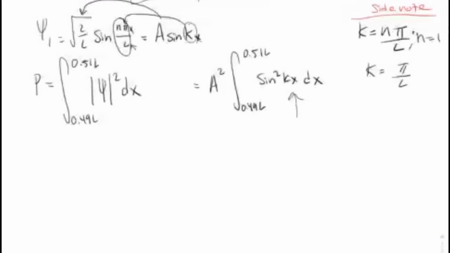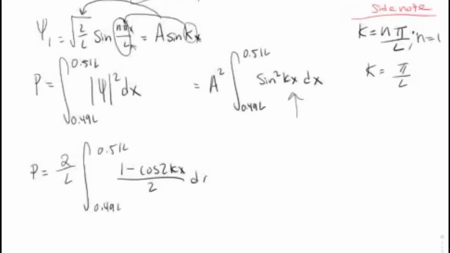So we're going to go ahead and rewrite our new integral, which is going to be P equals 2 over L over our domain. We're going to have 1 minus our cosine of 2kx over 2 dx.